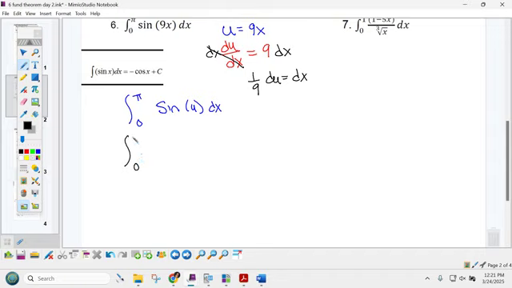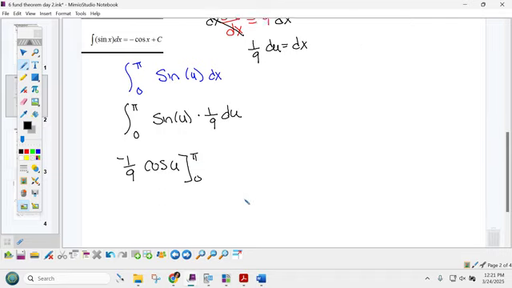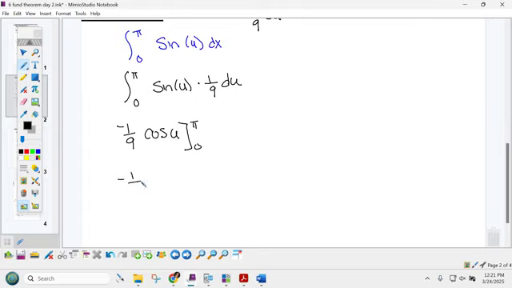So now I've got the integral from 0 to pi, sine of u times 1/9 du. The 1/9 carries down. Antiderivative of sine is negative cosine. I got to put my u back in.